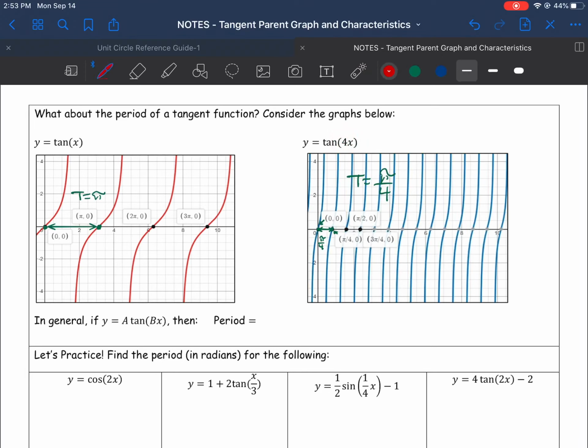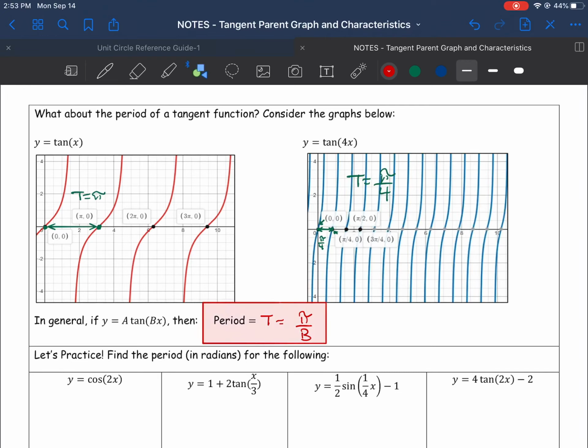So in general, if we have a tangent function, tangent of bx, then the period, which equals T again, will be equal to pi, which is the original period for the parent function, divided by whatever that coefficient of x is, which is b in general.